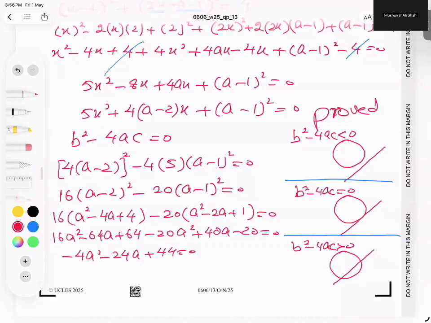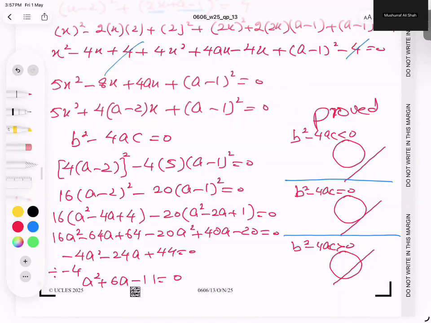If I divide the equation by negative 4, I get a square plus 6a minus 11, which is 44. Now, students, we can apply here the formula.